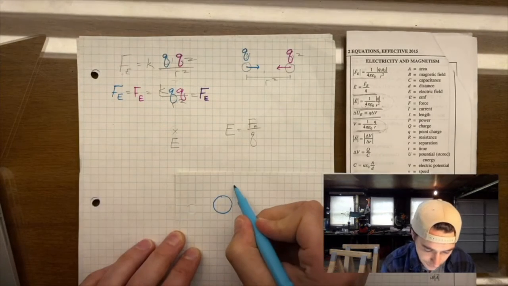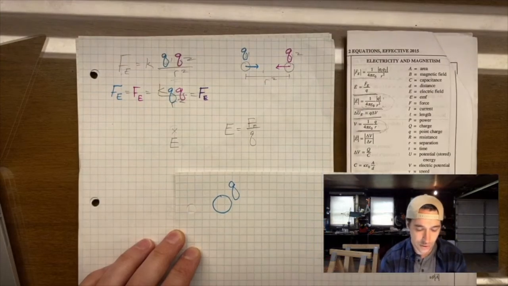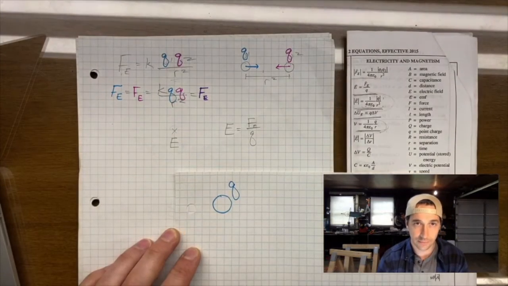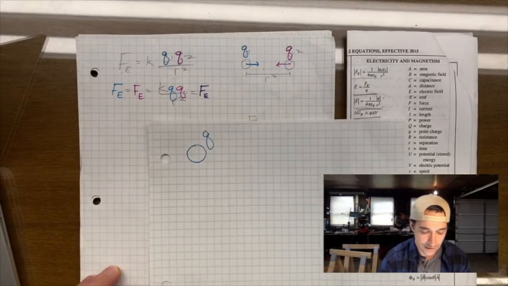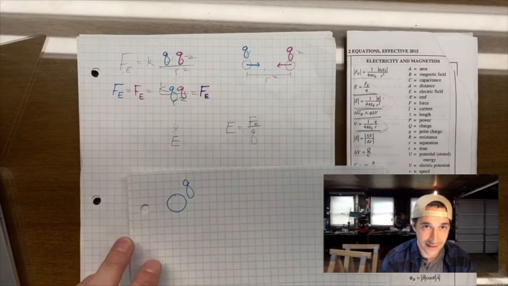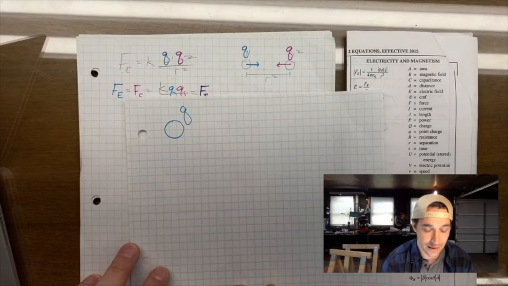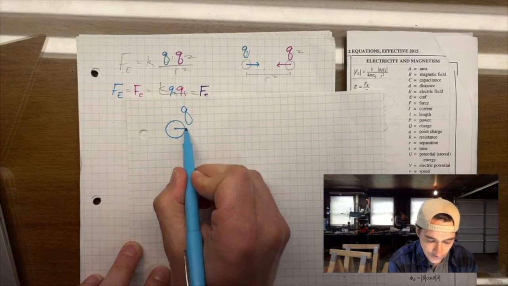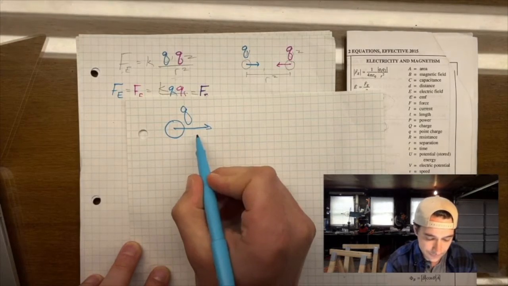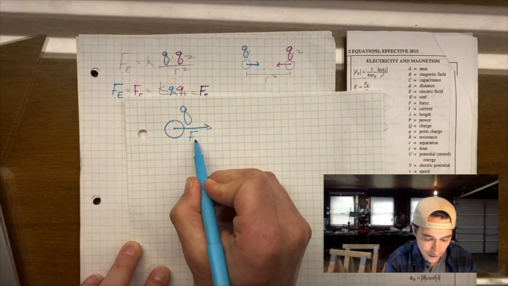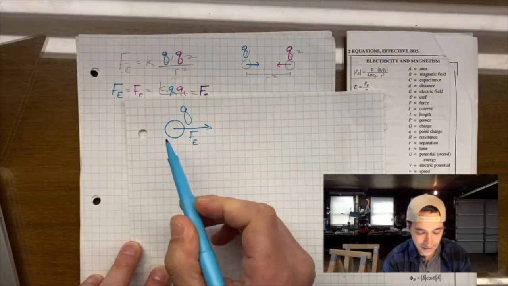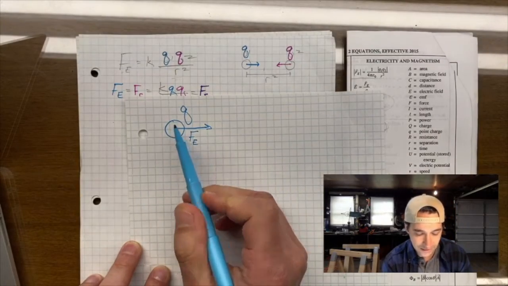Let's put a large Q, a lot of charge here. If I put this right in this location, at that X in space, maybe this feels a lot of force. I'll call this F. That's the force that Q feels when it's located there.